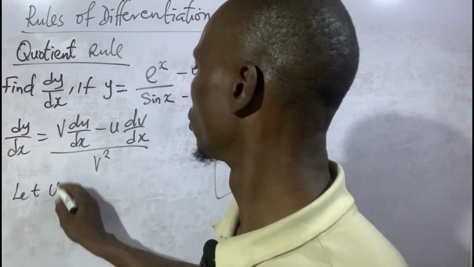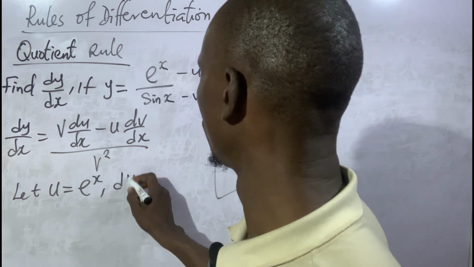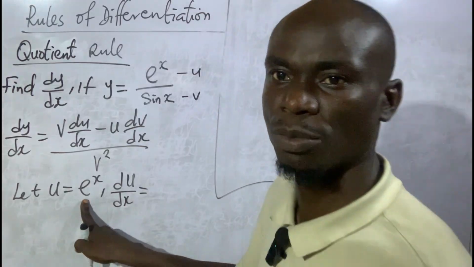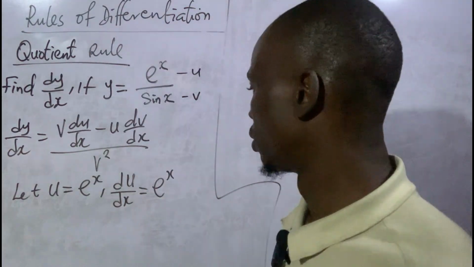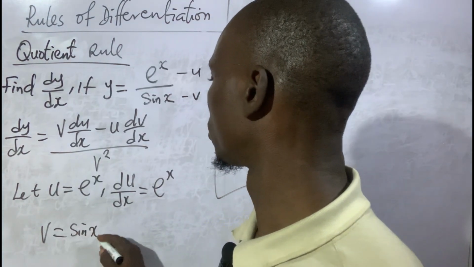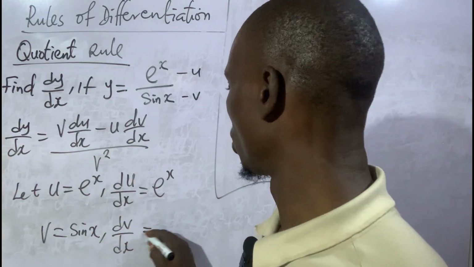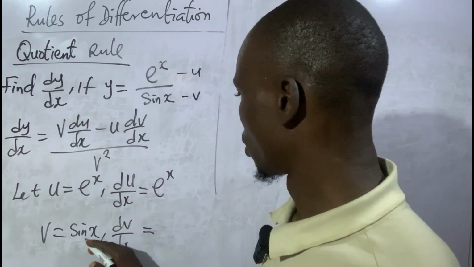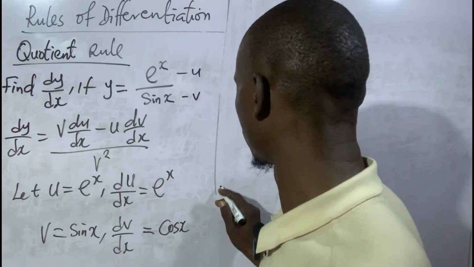Let u be exponential x. So the du over dx will be equal to, from our table, exponential x remains the same. Then we take our v as sine x. So if we differentiate it, dv/dx is equal to, when you differentiate sine from our table, it gives us cos x.